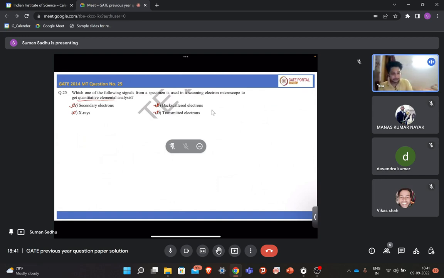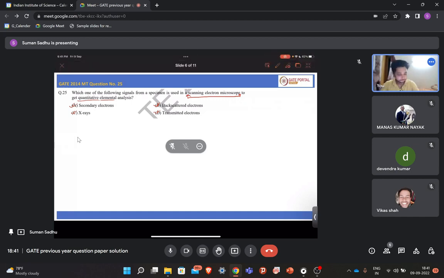So in a scanning electron microscope, which signal? Does anyone know the answer? Before I proceed, does anyone want to answer? What will be the answer? Can I guess, sir?